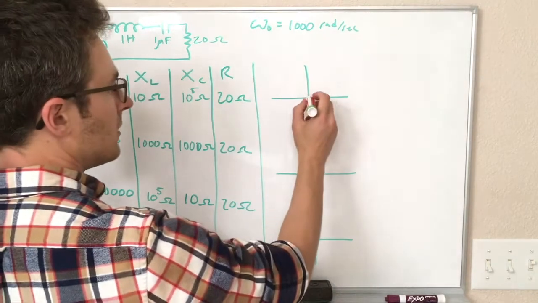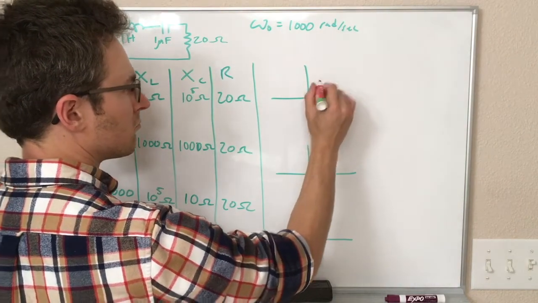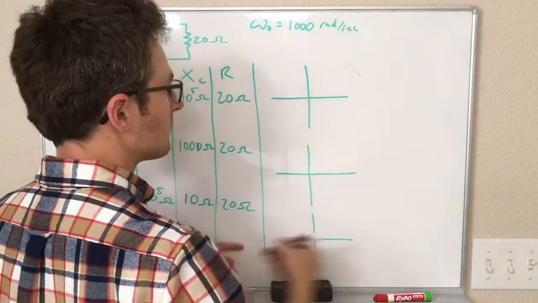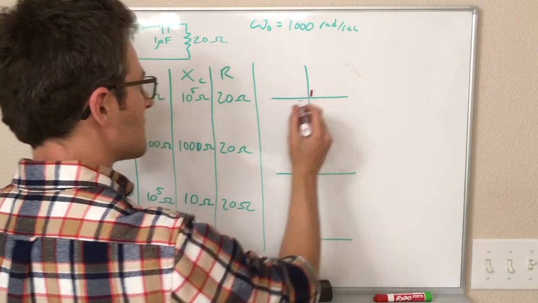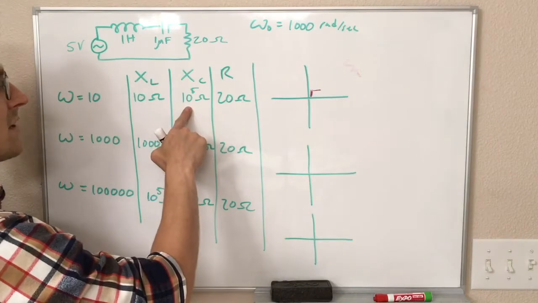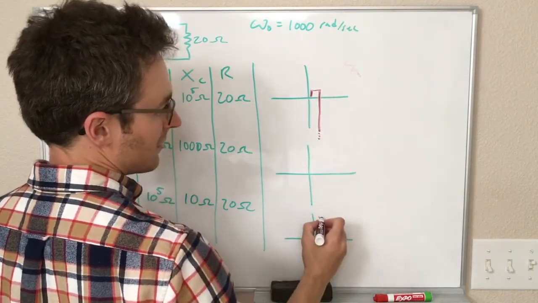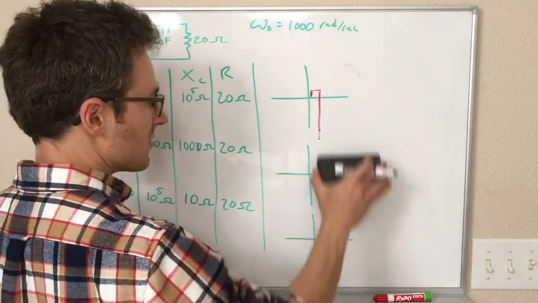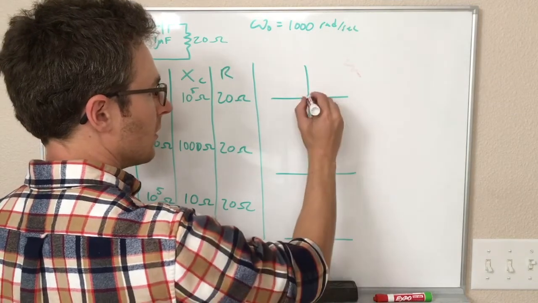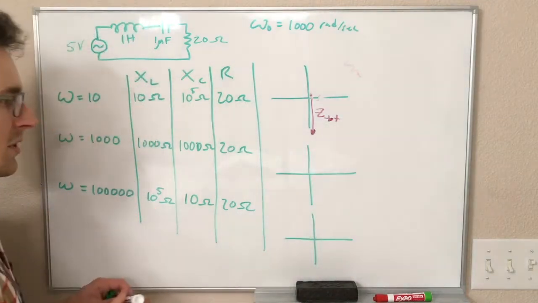So that's 10 ohms up. 10 ohms up, 20 ohms in the resistance direction, and then 10 to the 5th ohms in the negative direction. So this goes way down through the floor or something. So this total impedance that we get, if I draw this more to scale, is something like that. That is the total impedance we get.